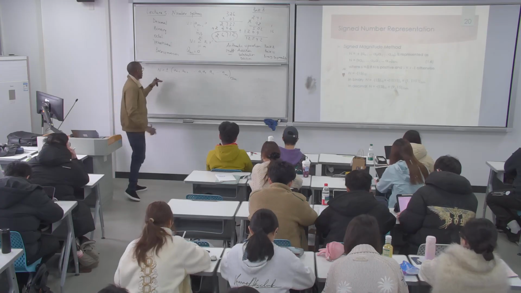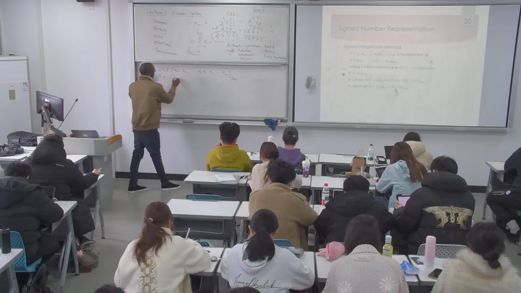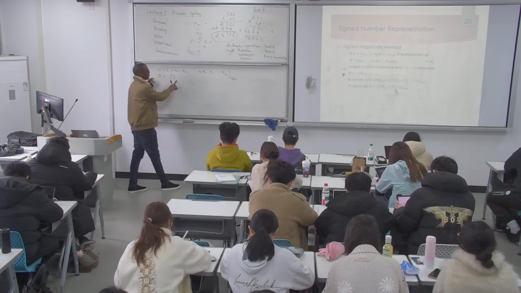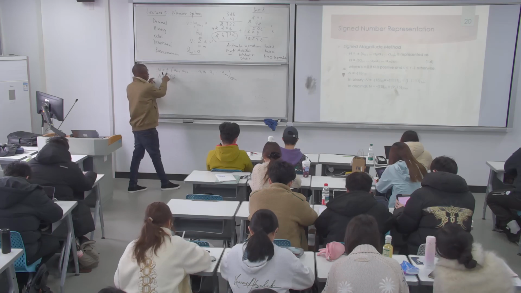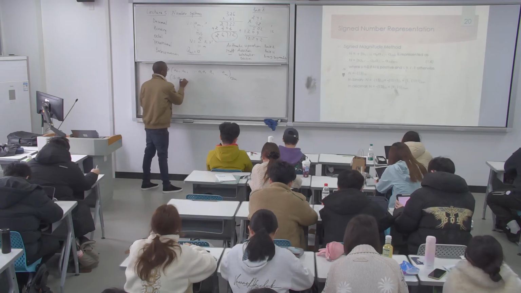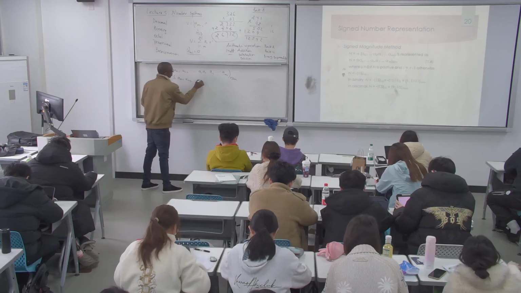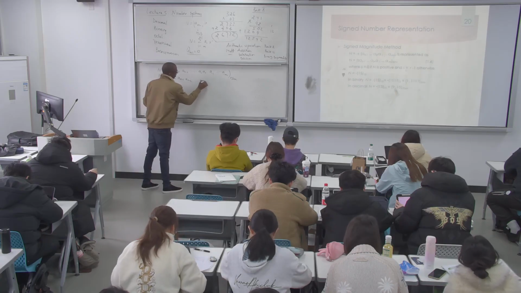So this can be put in between the parentheses to be S to represent this signed magnitude number, and we have a n minus 1, a n minus 2, dot, dot, dot, till a1, a0.